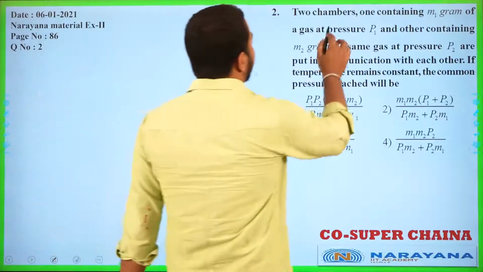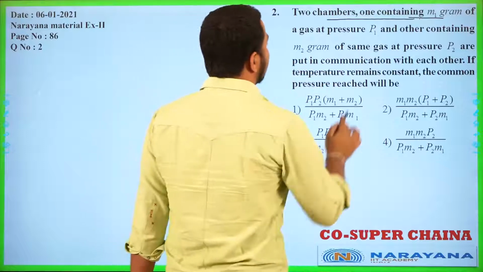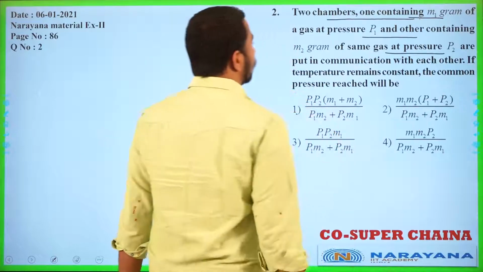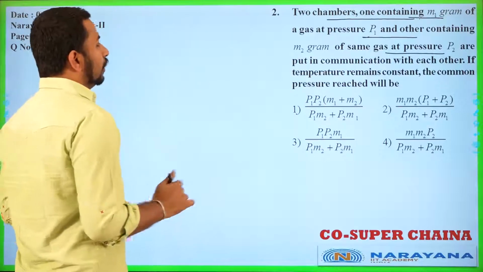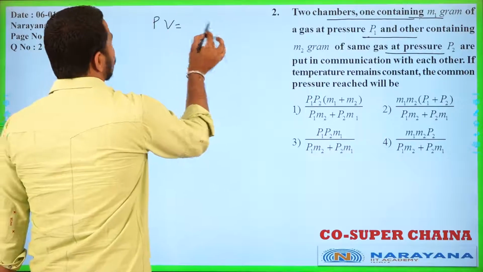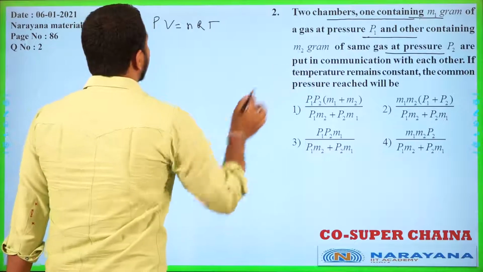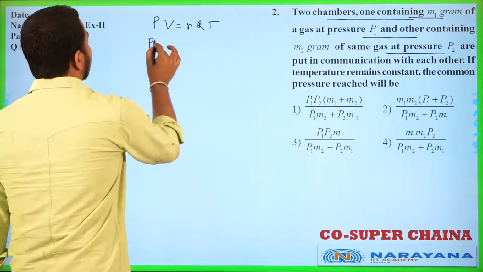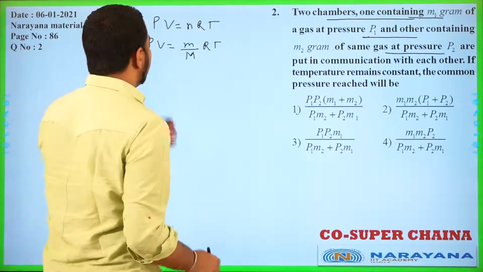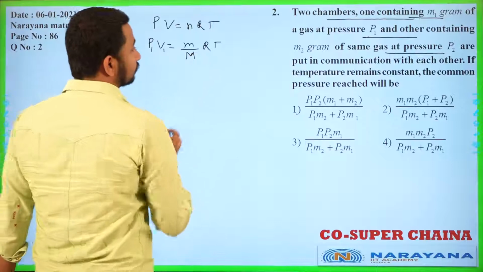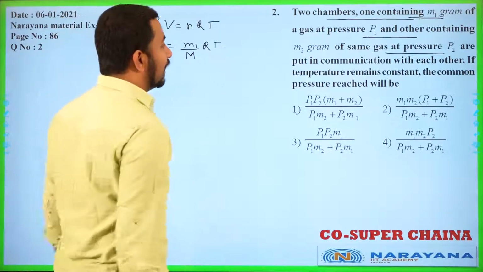Students, here we are given two chambers, one containing gas of mass M1 and one containing M2. One gas has pressure P1 and the other gas has pressure P2. We'll use the PV equals nRT relationship, and if we write it in terms of mass by molecular mass, M by M, RT, we have to get the volume V1.